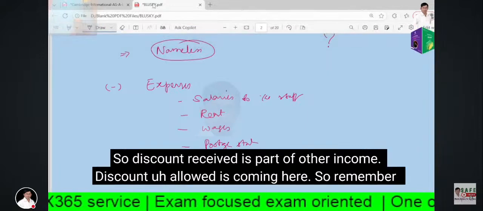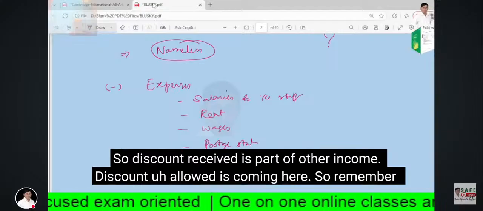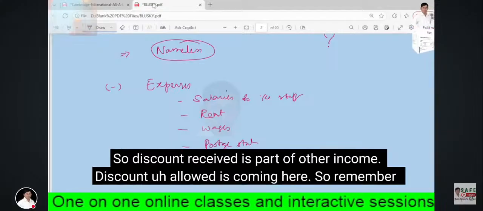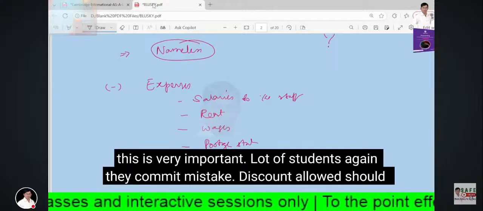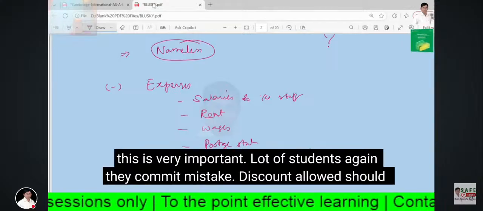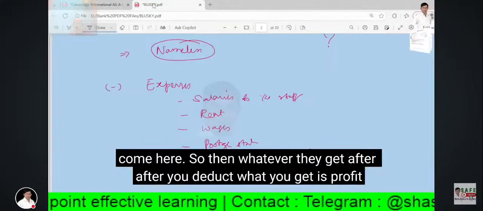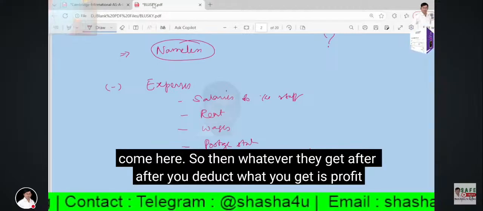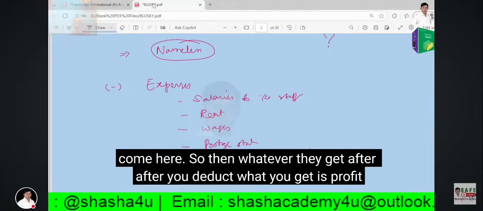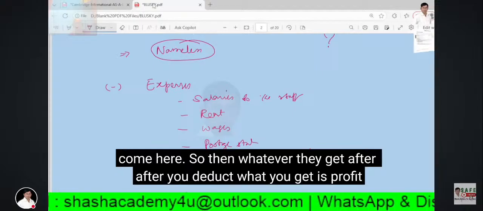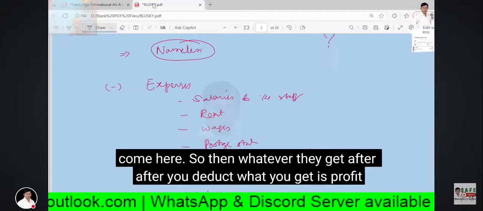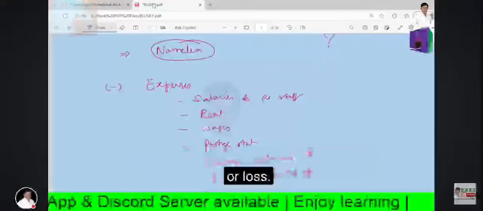Discount received is part of other income, while discount allowed comes here. Remember this is very important. A lot of students commit mistakes here. Discount allowed should come here. Then what you get is profit or loss.